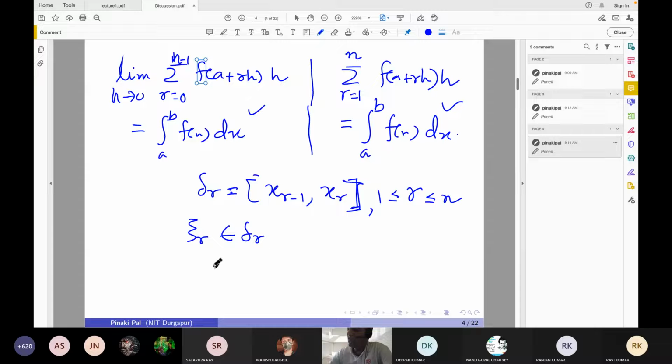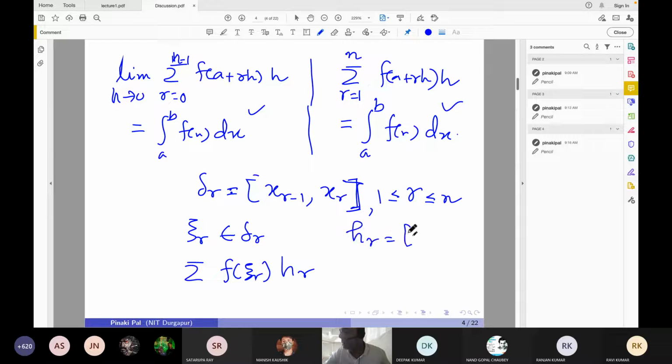And then we can form the sum of f(xi r) into delta r. Delta r is the length. h r is equal to the length of the subinterval, x r minus x r minus 1.